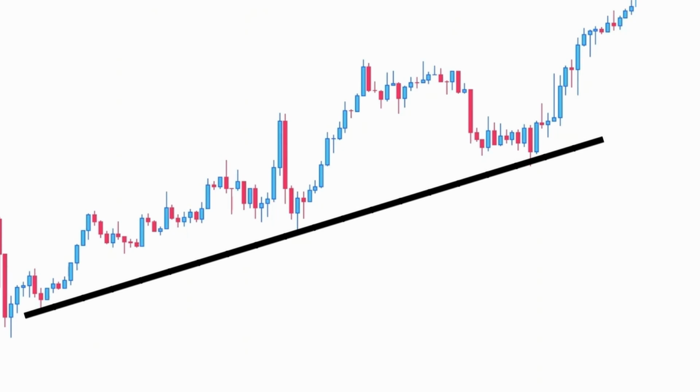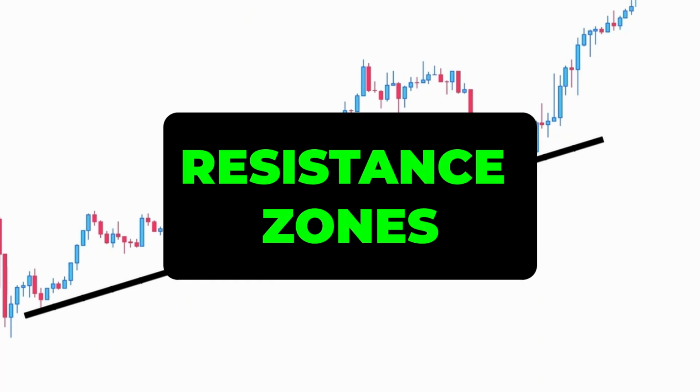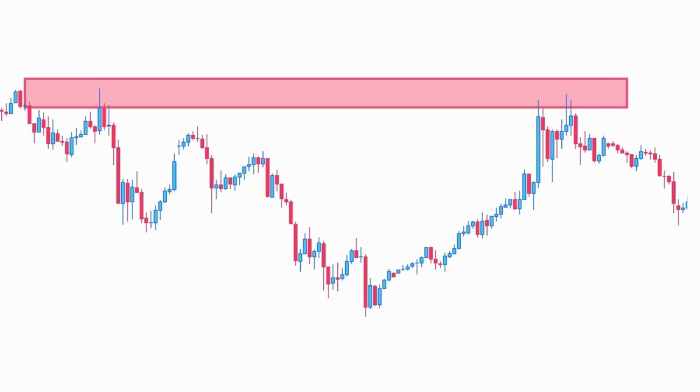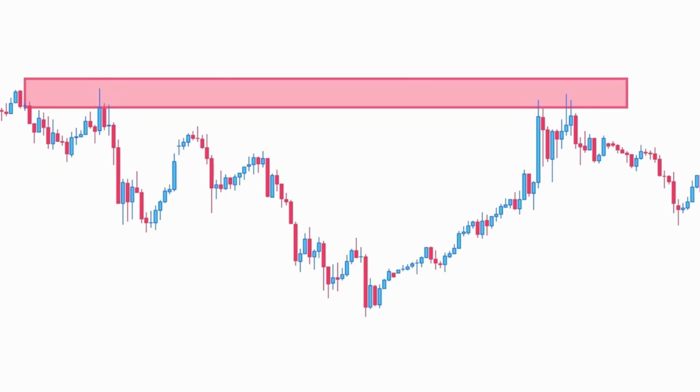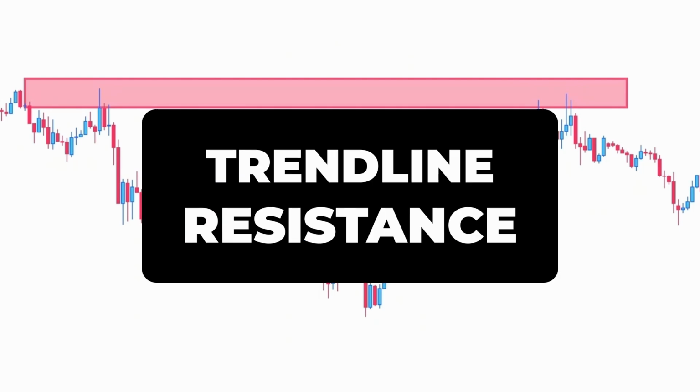Now that we have learned about the basics of the support zone, let us move on to the resistance zone. The resistance zone is as its name suggests. The resistance zone acts as a ceiling to the price. The resistance zone prevents the price from going above this level. There are 2 forms of resistance zones, just like the support zone. The first one is called the trend line resistance.